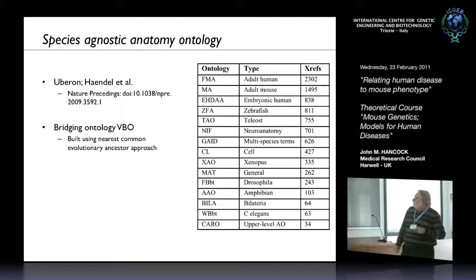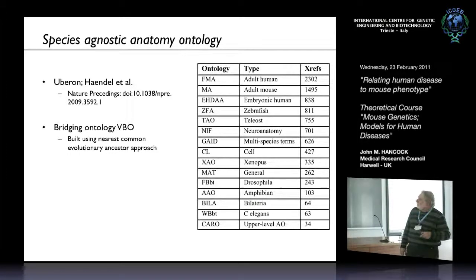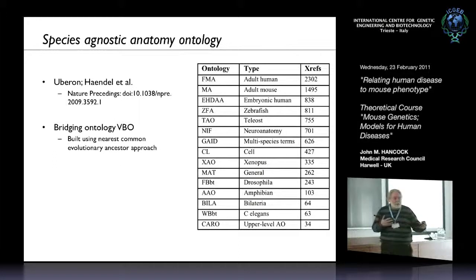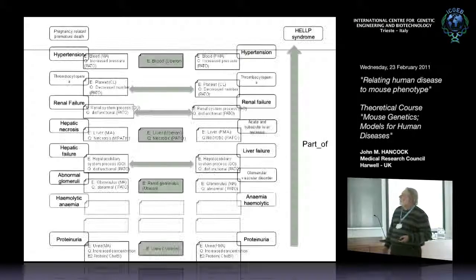And there are a number of other ontologies which relate to this, to Uberon particularly. So you can start to combine ontologies, and once we start to bridge ontologies, then we can start to bridge phenotypes. And when we start to bridge phenotypes, at least we get rid of one of our problems, which is transferring across species. We still haven't got rid of the problem of disease description, which is a bigger problem we have to deal with.